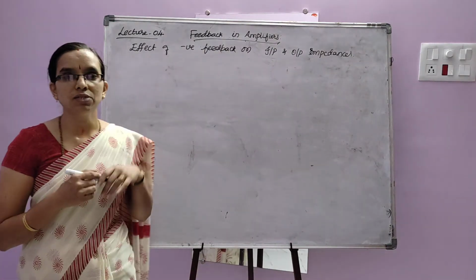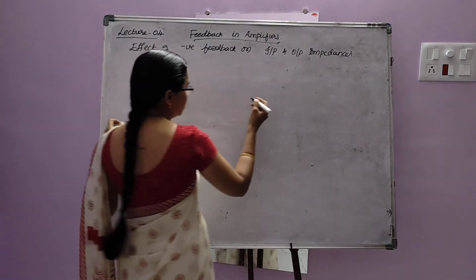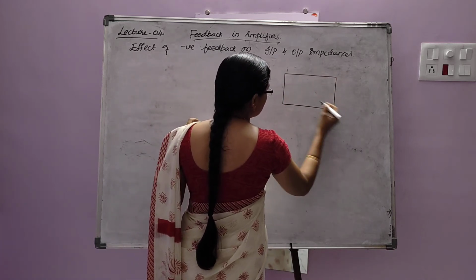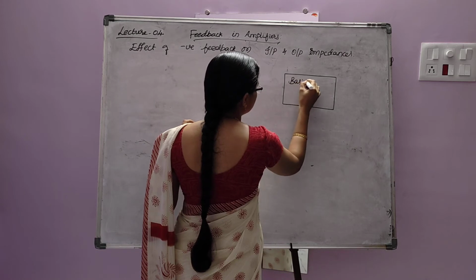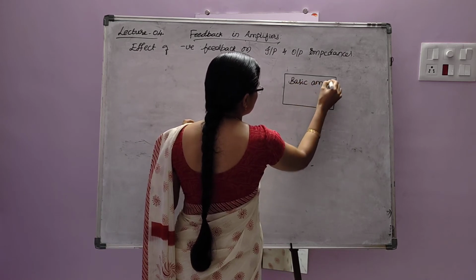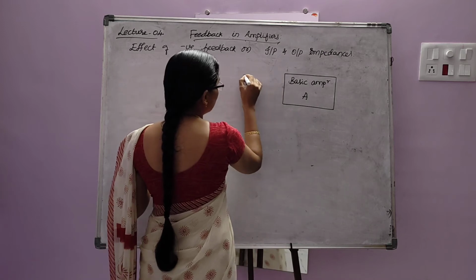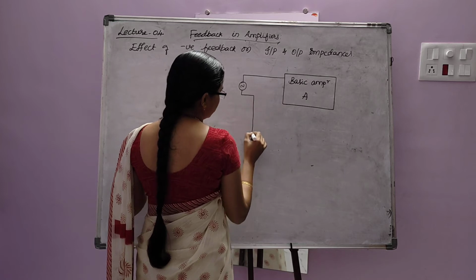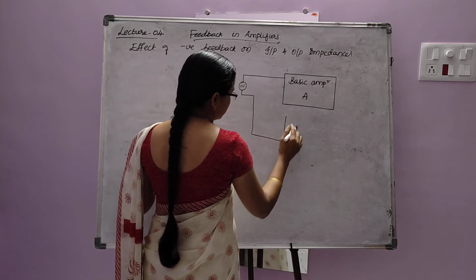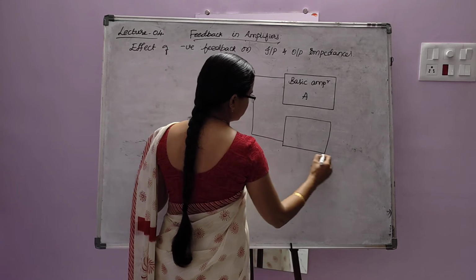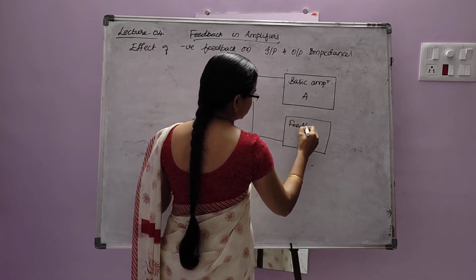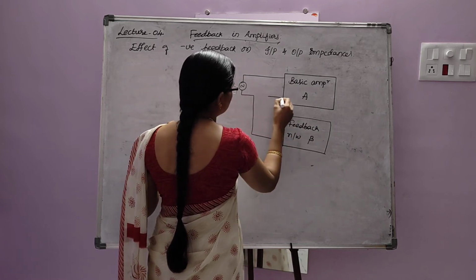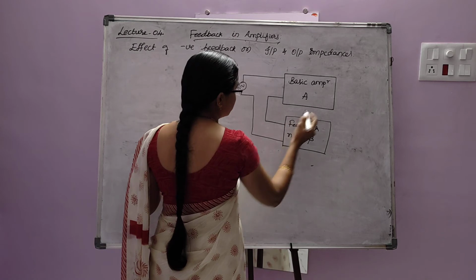So in voltage series feedback, let's consider the voltage series feedback amplifier block diagram. Let this be the basic amplifier having gain A. It is voltage series. Feedback network having gain beta. Voltage series it is. Input side it is series.